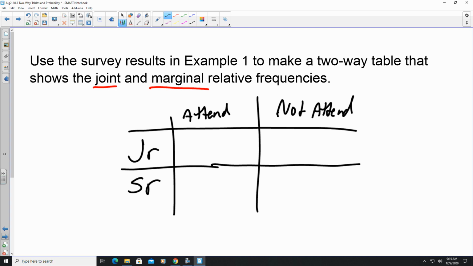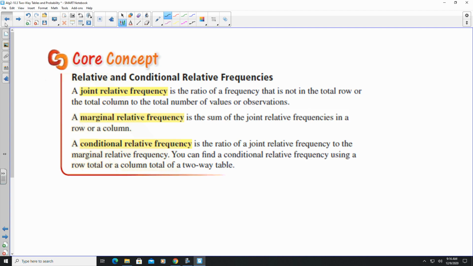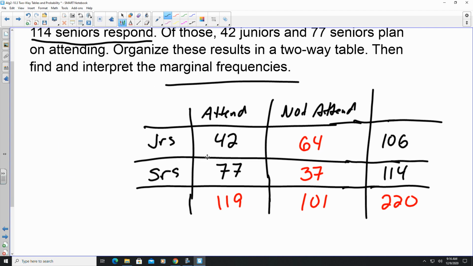Let's look at the joint relative frequency. It's a ratio, and you're going to find the ratio of how many there were in those four joint spots, divided by the total number. So if you recall, you got 42 juniors that attended. There are 220 total people that responded between juniors and seniors.